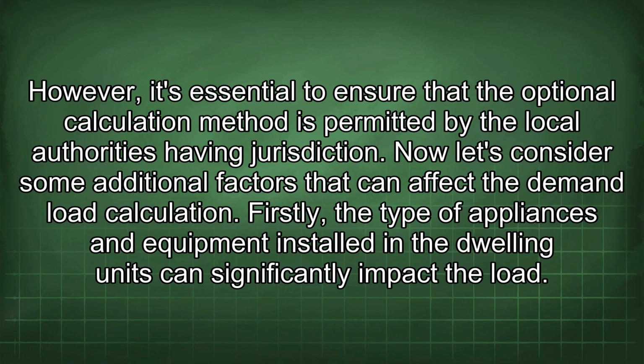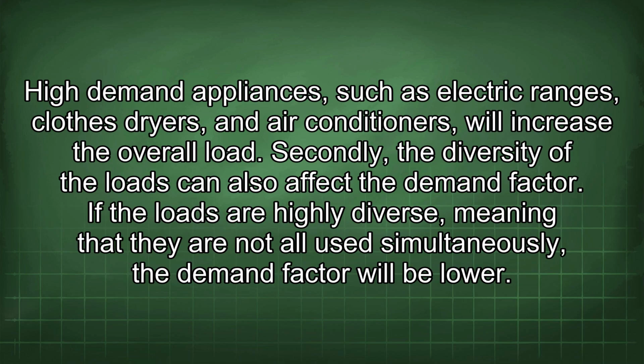Now let's consider some additional factors that can affect the demand load calculation. Firstly, the type of appliances and equipment installed in the dwelling units can significantly impact the load. High-demand appliances, such as electric ranges, clothes dryers, and air conditioners, will increase the overall load.